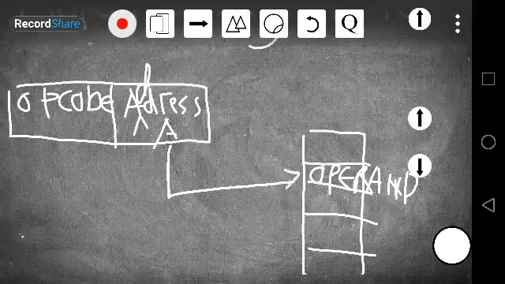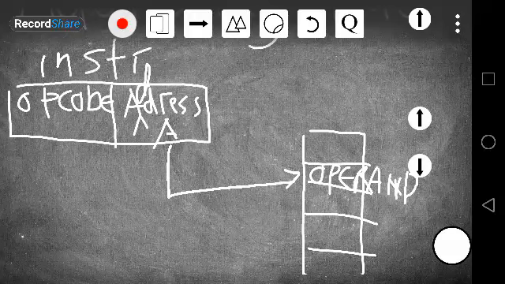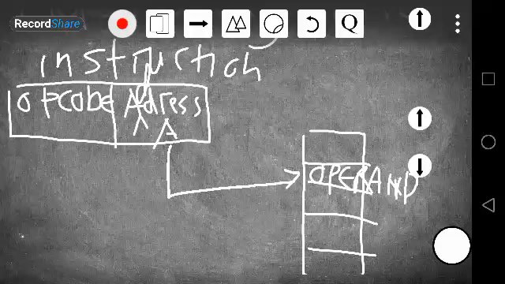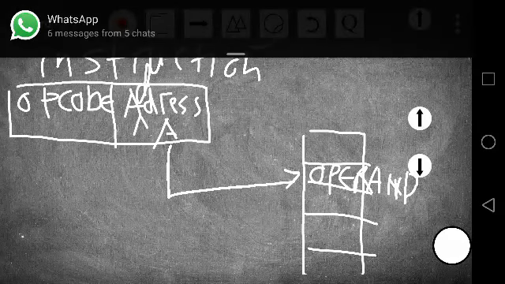Like I told you, the address of the operand is present in the instruction. This one is the instruction. So the address A is stored in the instruction.